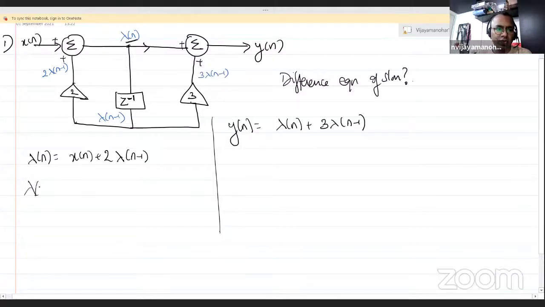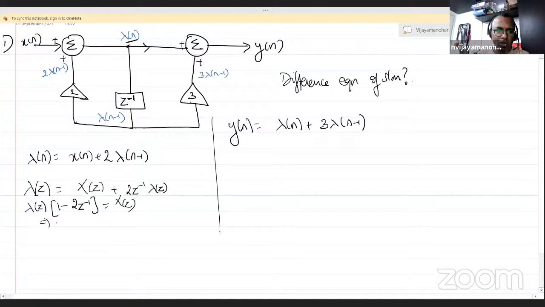So lambda of z will be x of z plus 2z inverse lambda of z, because z transform of lambda of n minus 1 will be z inverse lambda of z. So grouping now, lambda of z into 1 minus 2z inverse equal to x of z, or lambda of z by x of z equal to 1 by 1 minus 2z inverse.